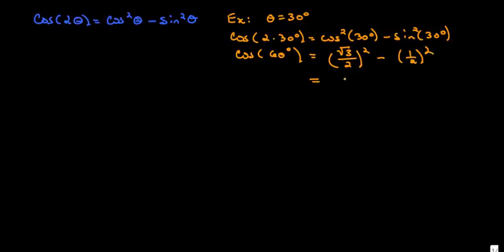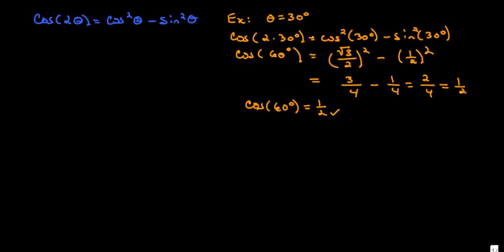So this is going to give me 3 over 4, and this is going to give me 1 over 4, which is 2 over 4, which is 1/2. So this says that the cosine of 60 degrees should be 1/2. And we know that that checks.